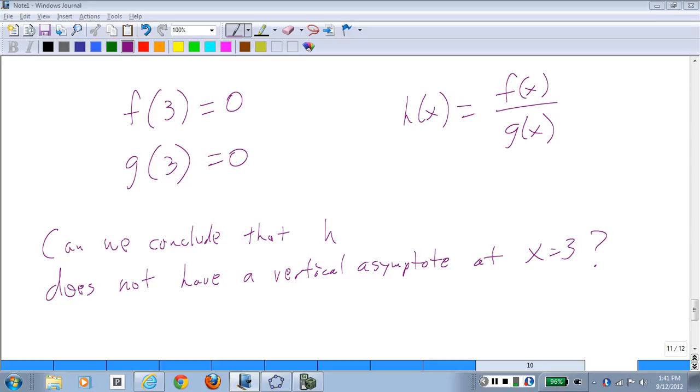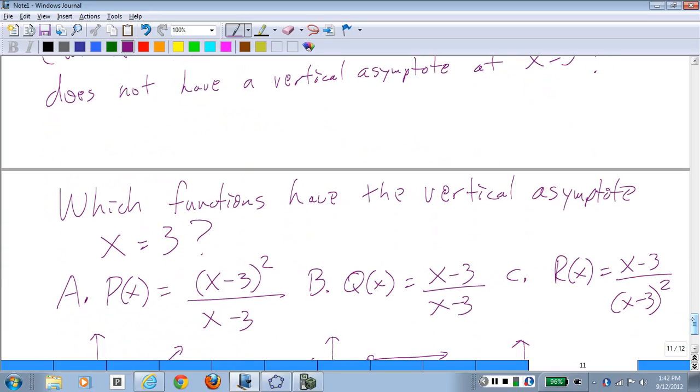Well, I don't just feel like the limit has to exist just because the number makes both the numerator and the denominator equal to 0. So here's a situation. Can we define a function where f of 3 is equal to 0, g of 3 is equal to 0, f of x over g of x, but maybe it doesn't have, or maybe it does have, a vertical asymptote at x equals 3?